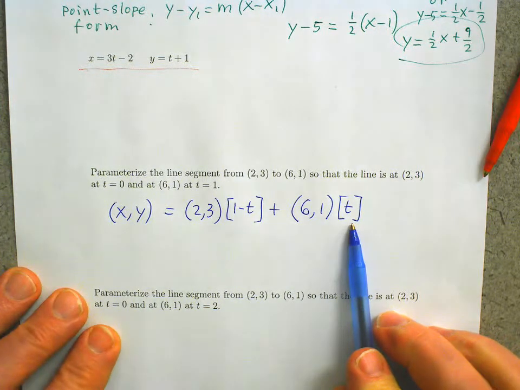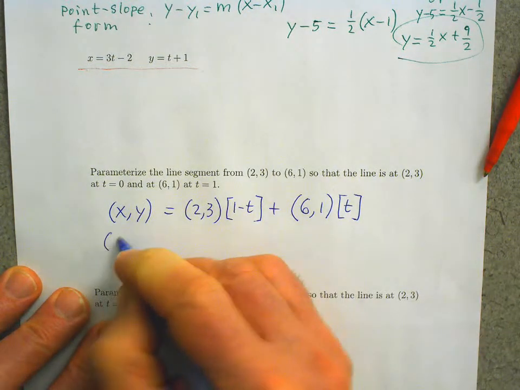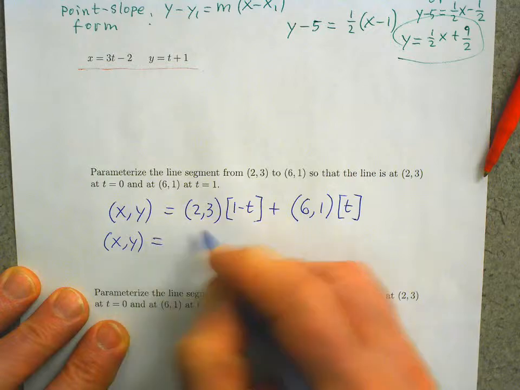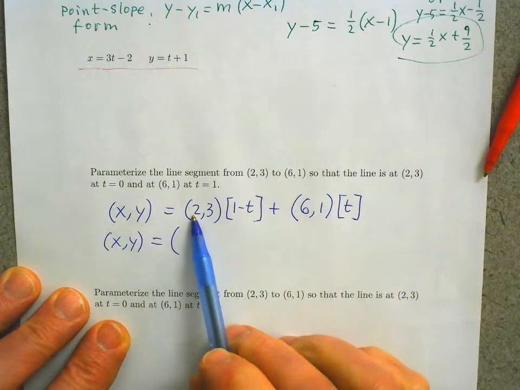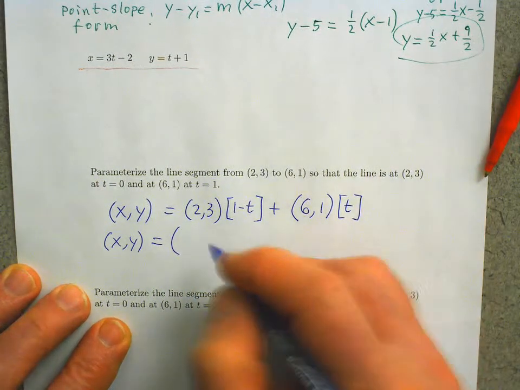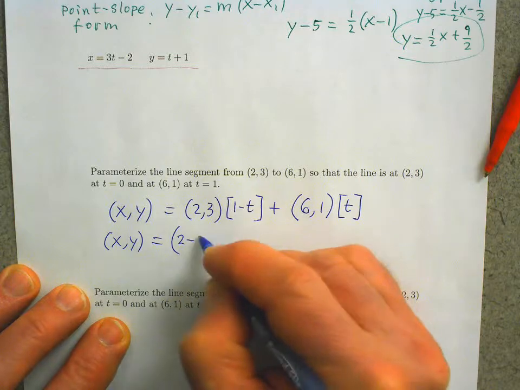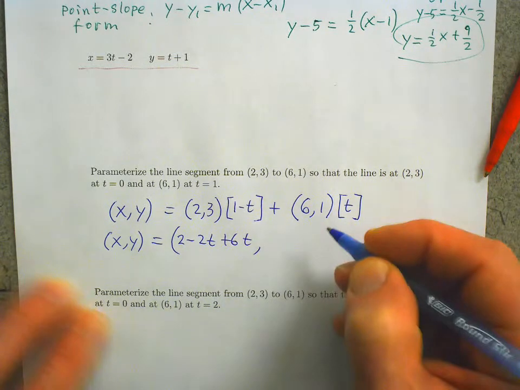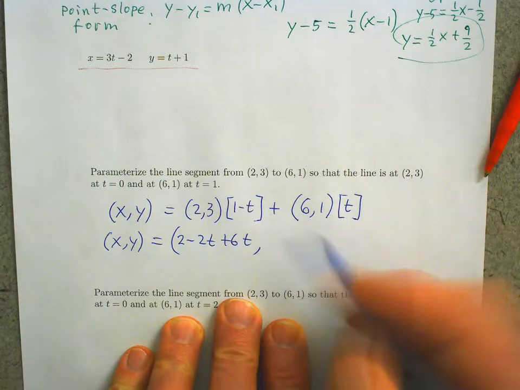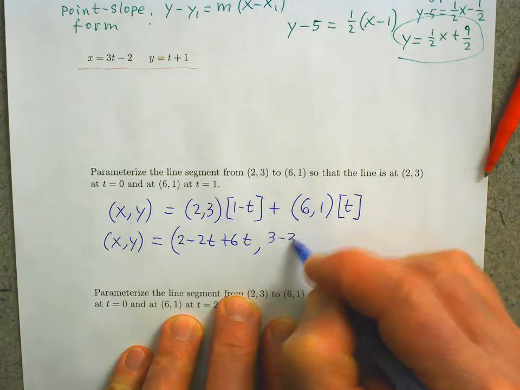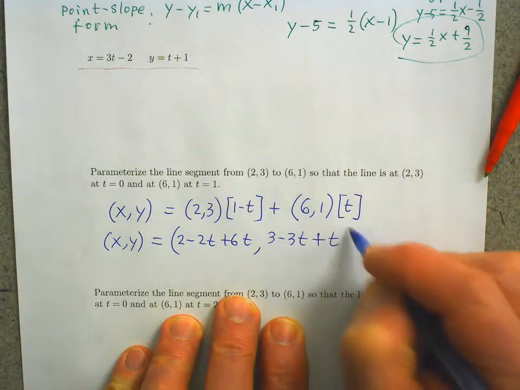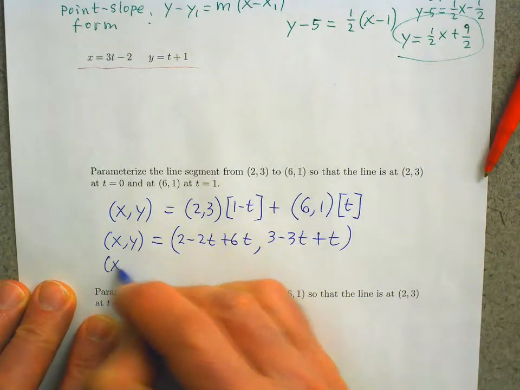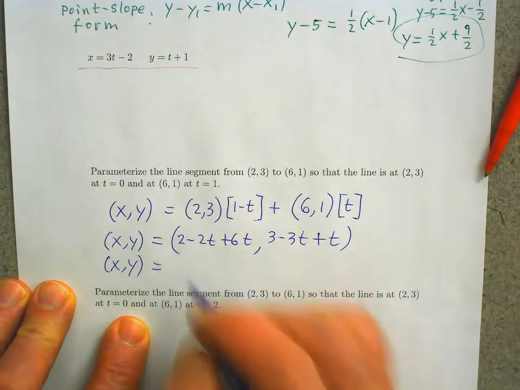times t. So the x and y coordinates, 2 times 1 minus t is 2 minus 2t, and then plus 6t. And then the y coordinate, 3 minus 3t plus t. We'll simplify a little bit more.